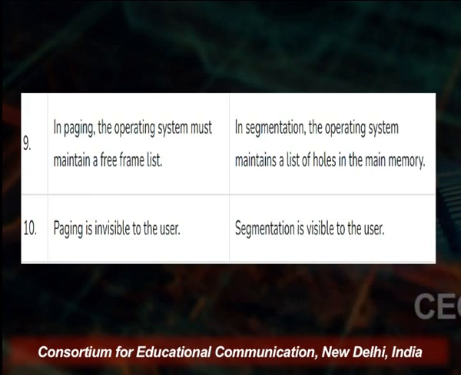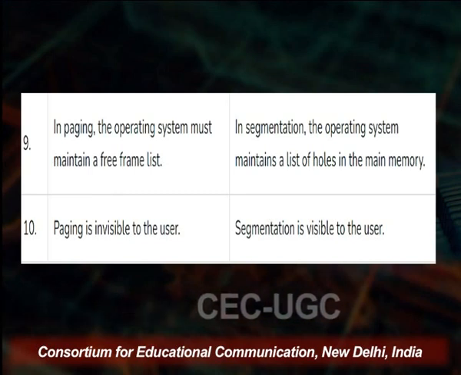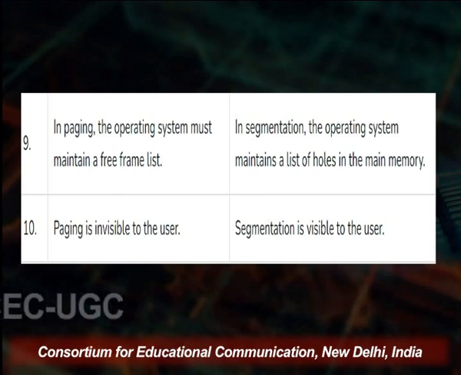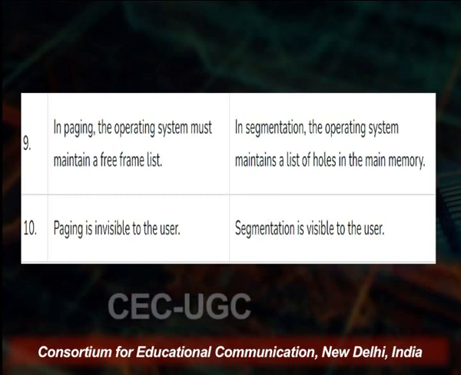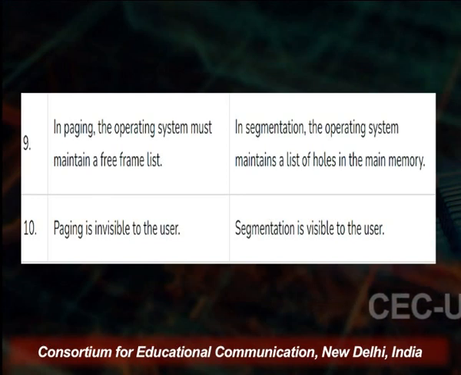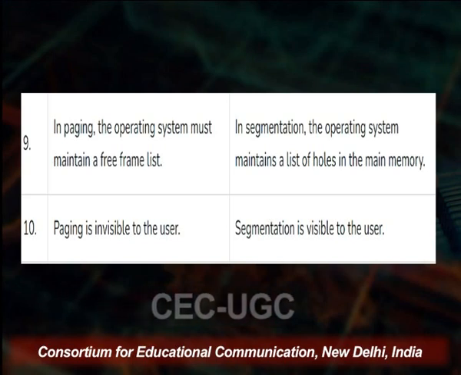Then, in paging, who is going to maintain the free frame list? It is the operating system which maintains the list of what is free in the actual memory, while in segmentation this is not maintained as a frame list, it is maintained as a list of holes, because we do not have any fixed size frames or pages.